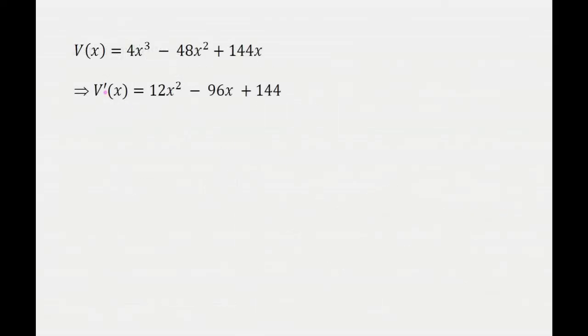Now, I need to find the derivative of V with regard to x, and that gives me 12x squared minus 96x plus 144. This is the derivative of V. Now I'm going to set up V prime of x equal to 0, and basically I'll solve for x.